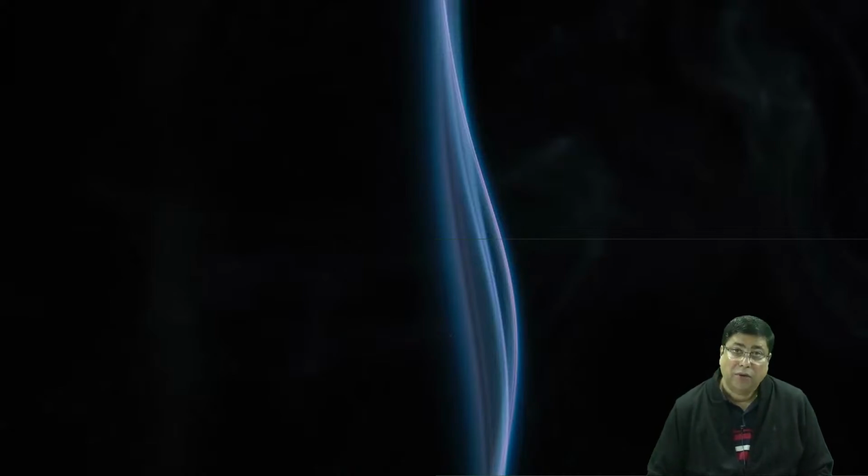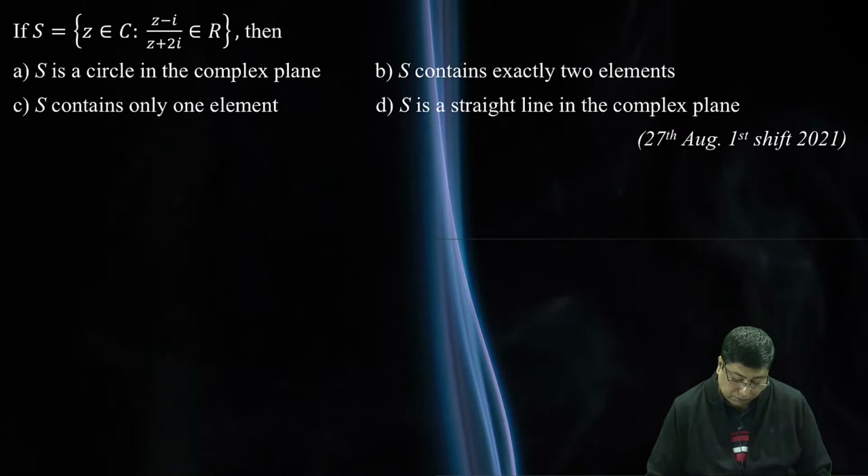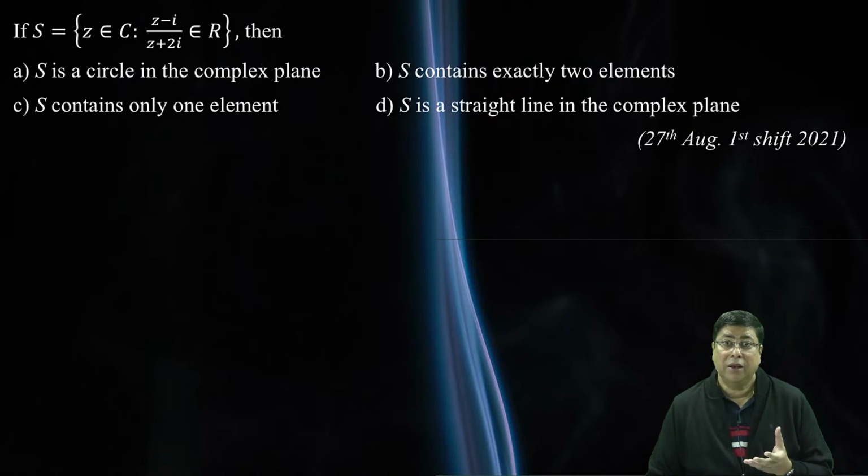So first of all let us start solving a sum, then we'll discuss. Let us solve a previous year question. Nowadays this type of sum is coming, where some set is given and we have to get the values.